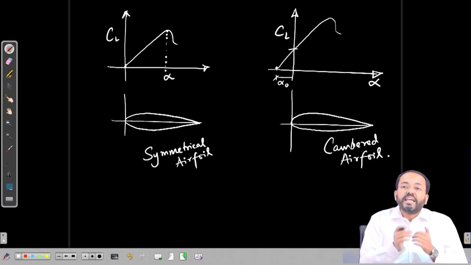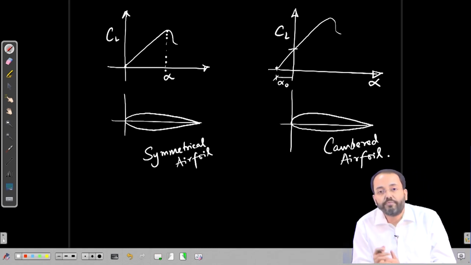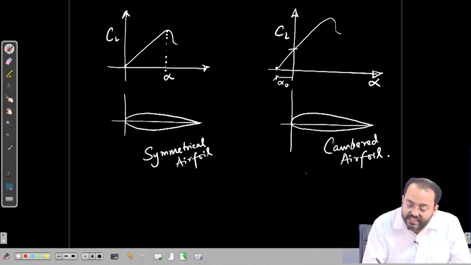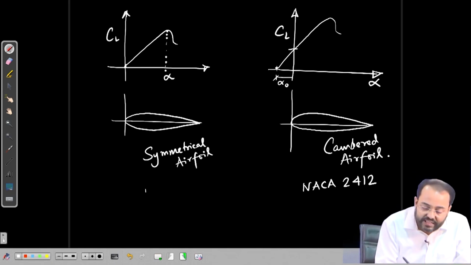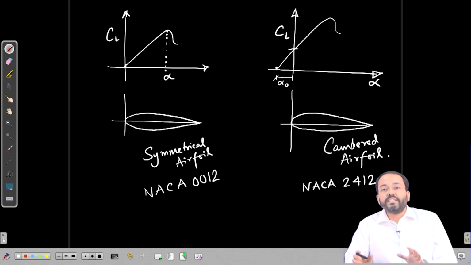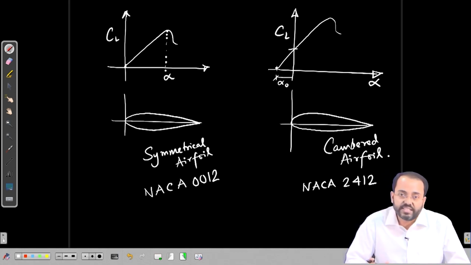That means, at 0 angle of attack, the cambered airfoil will generate lift. So, this is an example of the NACA 2412, the cambered one, and this is NACA 0012. Just an example, I have mentioned the two names to show the difference between these airfoil sections.